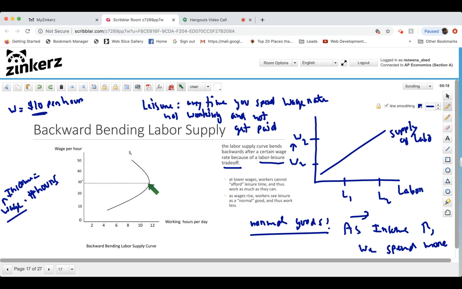You see it as a normal good, which means that we consume more.